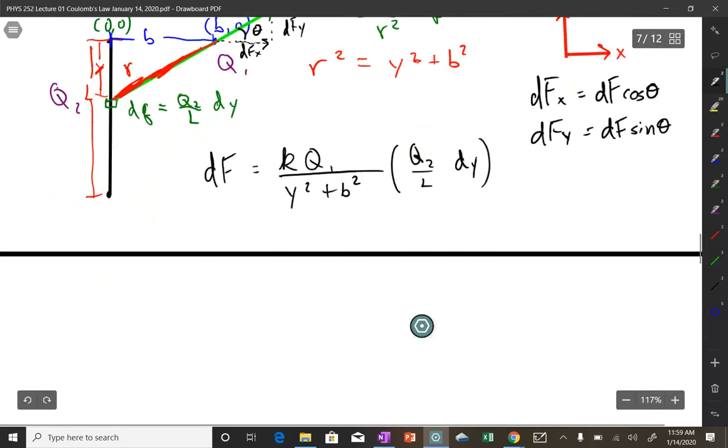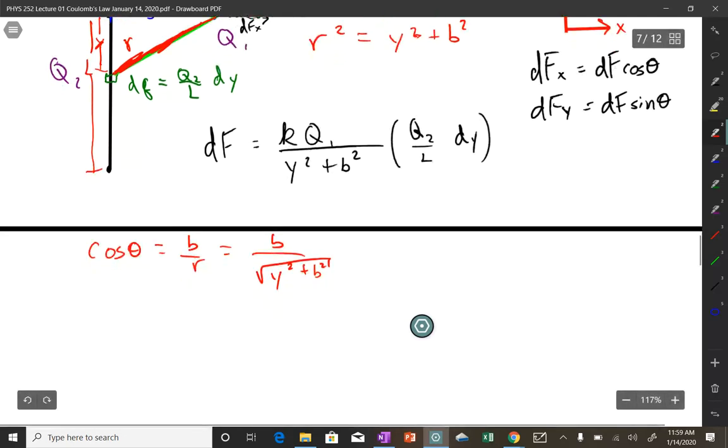So I can define cosine of theta as the adjacent side, which looking at the left side is b over r, or putting in what r is, b over the square root of y squared plus b squared. So there's cosine theta in terms of y. Then sine theta would be y over r. Negative y over r, yes.